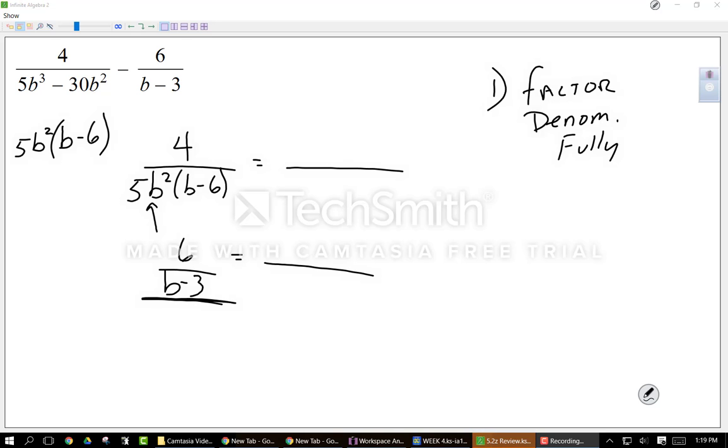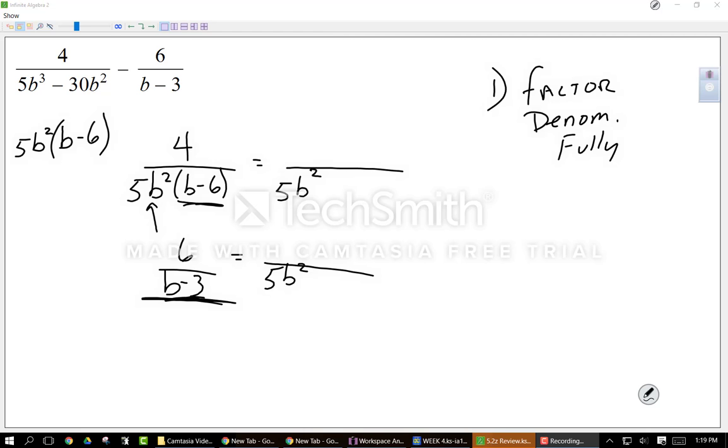So here are some shortcuts. Because I only have one monomial, that monomial has to be in my denominator, because I don't have another one to cancel out or simplify with. Now, if I look at my binomials, b minus 6 and b minus 3, are they the same?